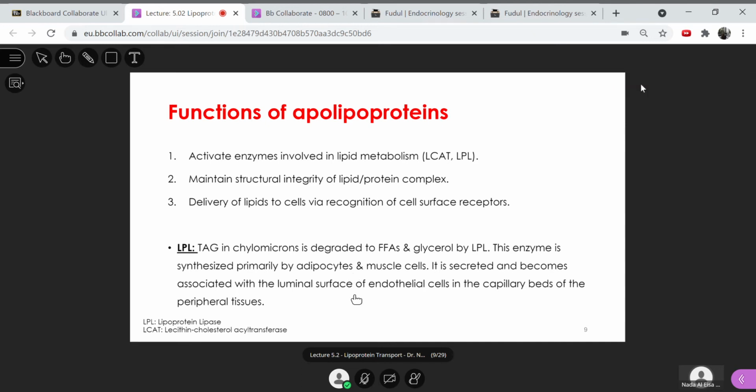Near the tissues which need to utilize these triacylglycerols, and it is secreted from these tissues, which are the adipocytes and the muscle cells, and they are attached to the endothelial cells of the capillaries that surround these organs. عشان كده نسميها endothelial or capillary lipoprotein lipases. So they have easy access to the circulating lipoproteins in the blood, where they can hydrolyze the triacylglycerols to be taken up by the peripheral tissues, adipocytes, and muscle cells.